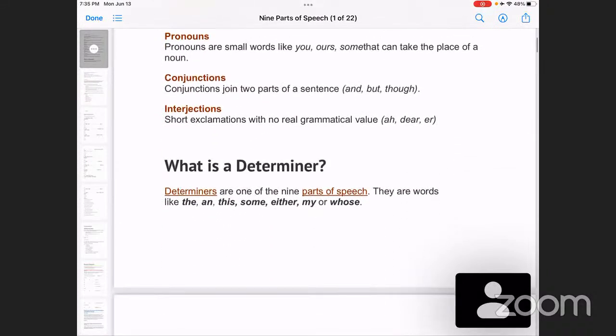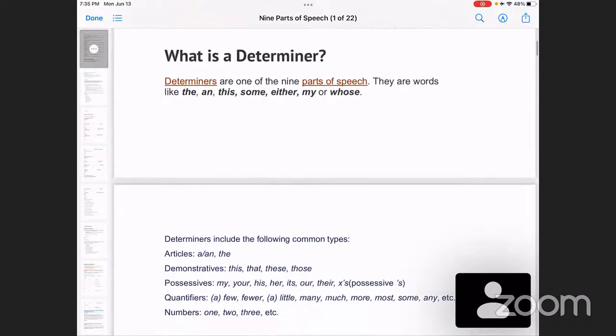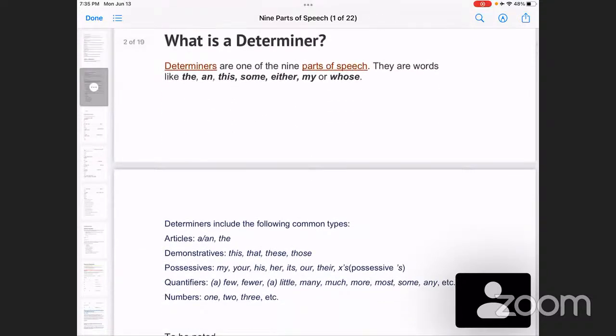What is a determiner? Determiners are one of the 9 parts of speech. They are words like the, this, some, either, my, or whose. Determiners include the following common types. Articles: a, an, the. Demonstratives: this, that, these, those.